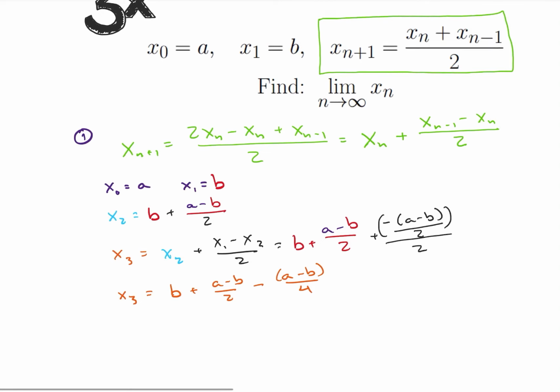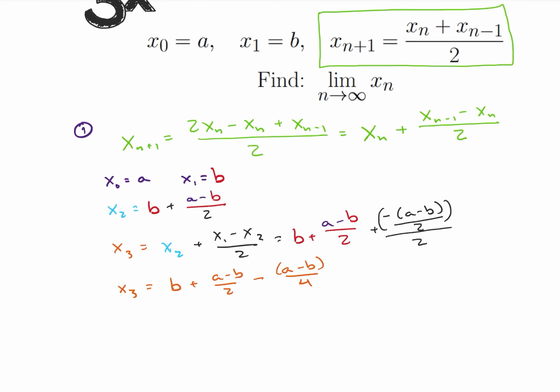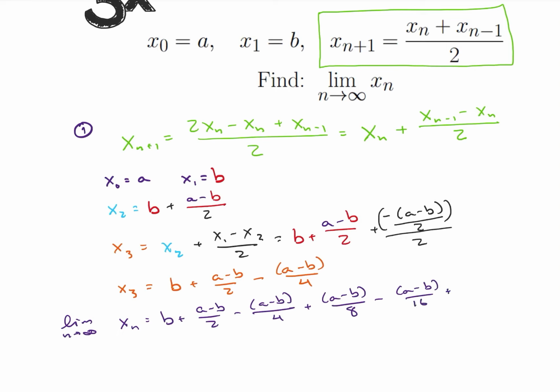And if I was to keep doing this, and I want to find x sub n as n approaches infinity, what I'm going to end up getting is b plus a minus b over 2 minus a minus b over 4 plus a minus b over 8 minus a minus b over 16, and so on.